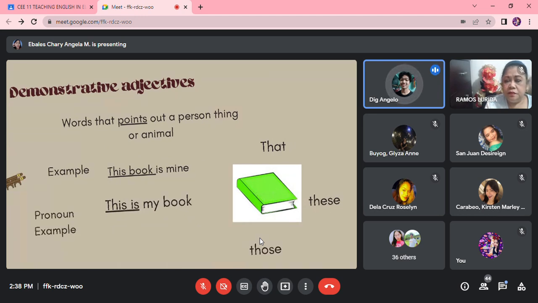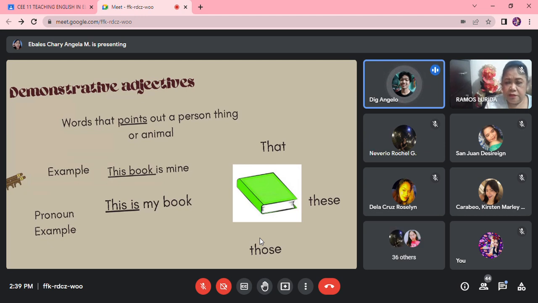The next one is demonstrative adjective. These are the words that point out a person, things, or animals. Note the word point. For example, this book is mine. So here I'm pointing out the book. Some examples are: that book is mine, this book is mine, those books are mine. Now if you know demonstrative pronouns, they have the same words, this, that, those, but there is a difference.